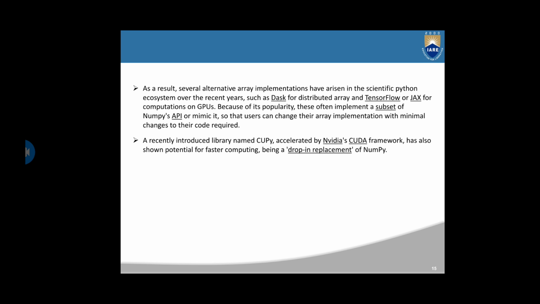As a result, several alternative array implementations have arisen in the scientific Python ecosystem over recent years, such as Dask for distributed arrays and TensorFlow or JAX for computations on GPUs. Because of its popularity, these often implement a subset of NumPy's API or mimic it so that users can change their array implementation with minimal changes to their code required.